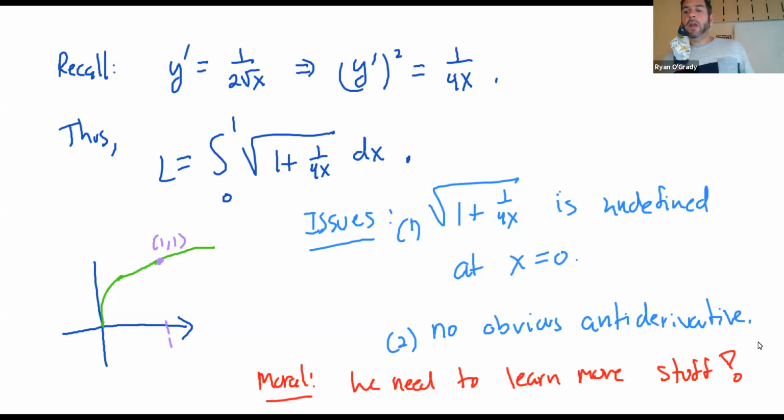Okay, we're going to do that. But before we do, let's do one or two basic examples of arc length that you can do. If you look at what the issue was with the previous problem, it's that a square root shows up. The square root often poses a problem.